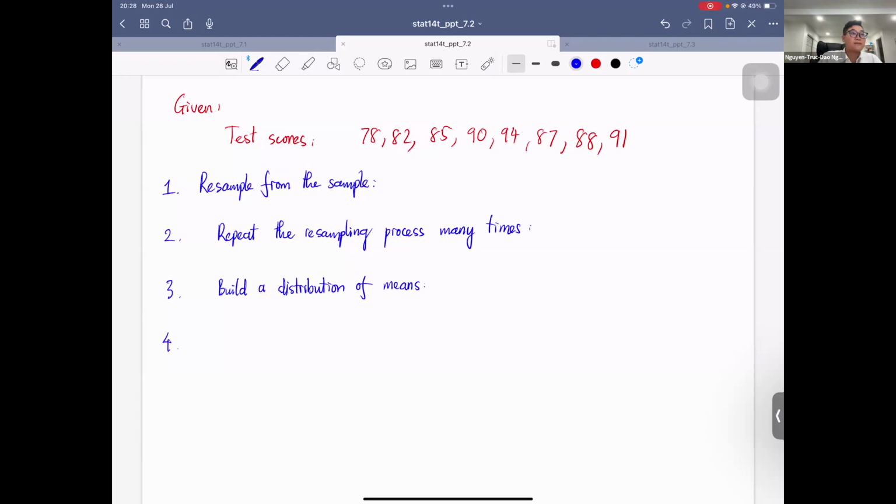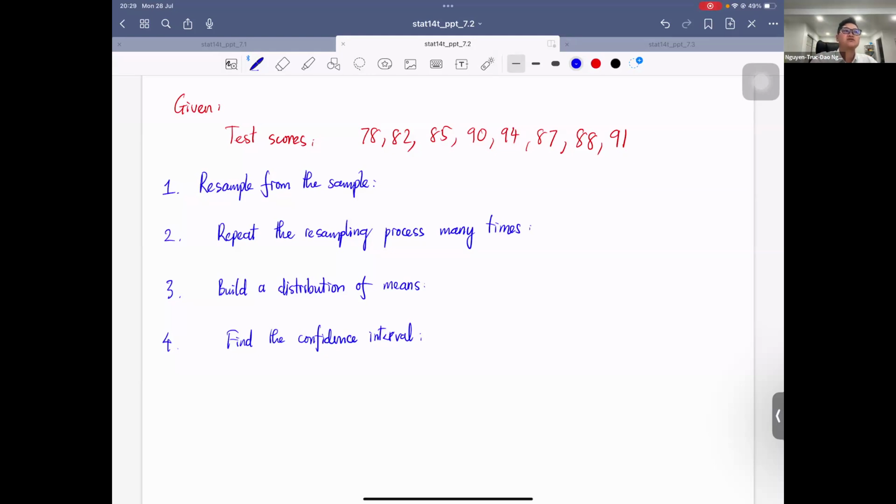And the fourth step, we find the confidence interval. So in this case, for a 95% confidence interval, we take the 2.5 percentile and 97.5 percentile of the bootstrap means.